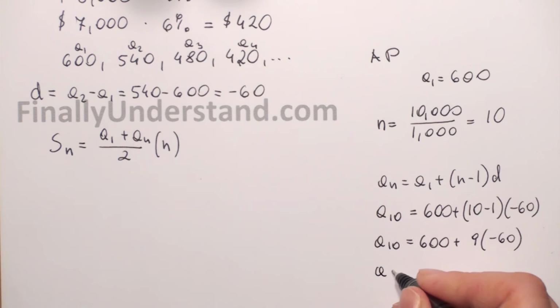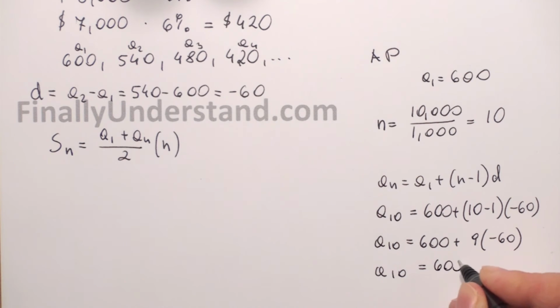So A10 is equal 600 minus 540. A10 is equal 60. This is the last term of our arithmetic progression. This is the last interest which she has to pay.